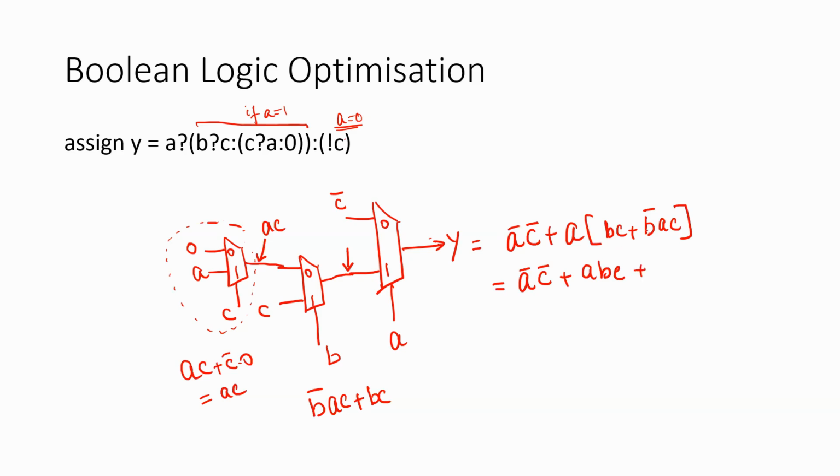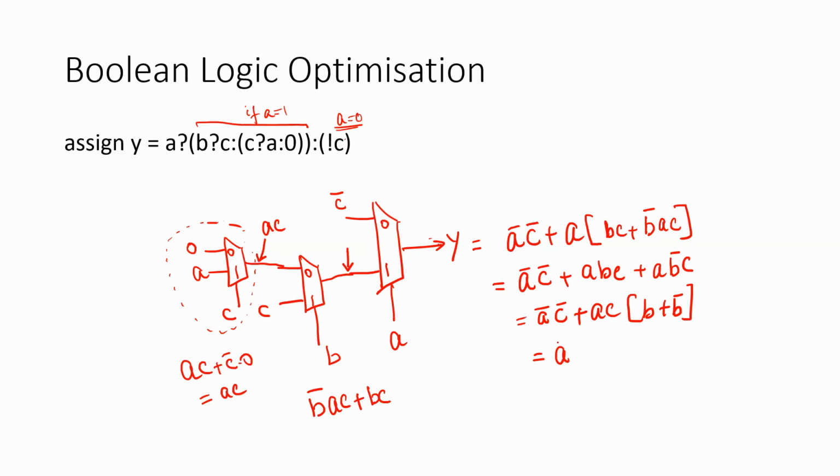So upon further simplification, this gives me A bar C bar plus ABC plus A B bar C, because A ANDed with A is the same expression. Now AC is common between these two expressions. If I take AC common, I'll get B plus B bar. Effectively, I am doing the K-map without actually drawing the K-map. This is exactly what a K-map does, right? So B plus B bar is always 1.